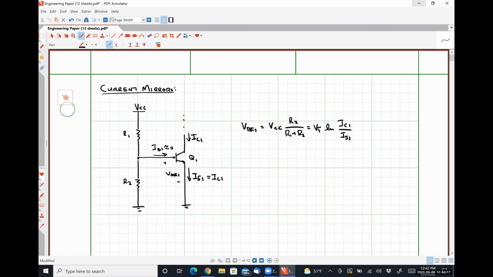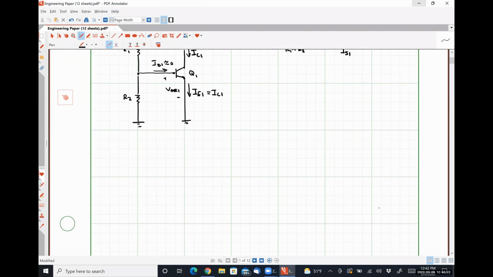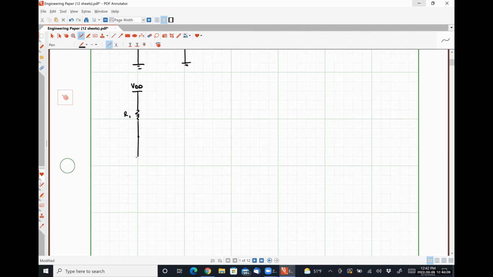So let's look at a MOSFET, see if that fixes anything. Short answer is it absolutely doesn't. So for a MOSFET transistor resistive biasing scheme, where we've got some resistor R1 and some resistor R2.